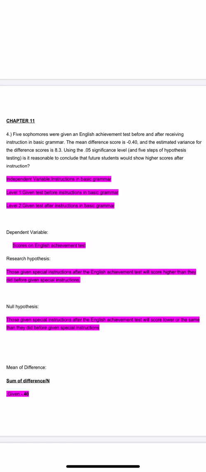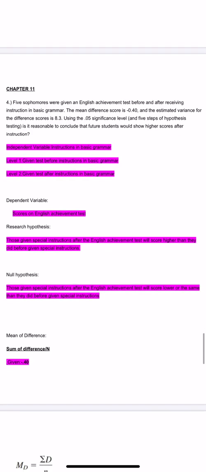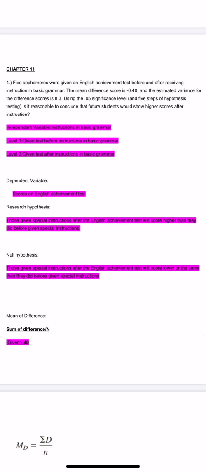Higher, one tail. Independent variable is the instructions in basic grammar. Level 1, given test before instructions in basic grammar, and level 2, given test after instructions in basic grammar. Dependent variable would be scores on the English achievement test.